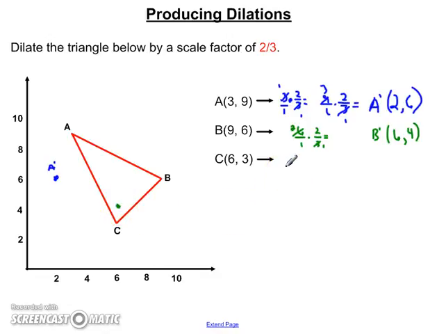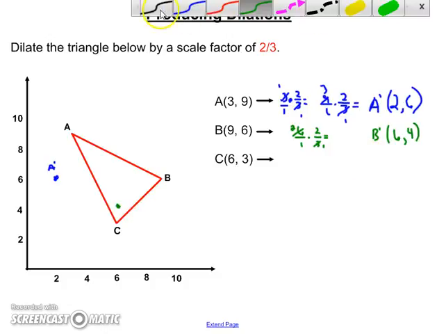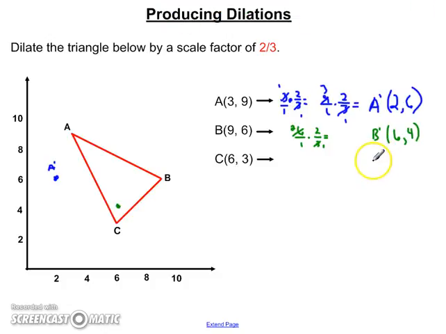For C prime, I'm going to go to black. We've already multiplied 6 and 3, so let's just use the information I already know. 6 was multiplied by 2/3 and gave us 4. 3 up here was multiplied by 2/3 and gave us 2. So there's 4, 2, and over 4, up 2 would be right about there.